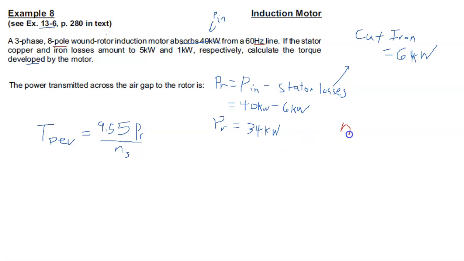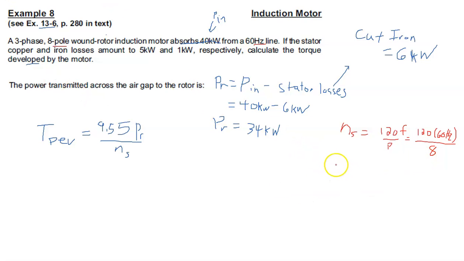NS is 120F divided by P, so we have 120 multiplied by 60 hertz. Remember, the P is poles per phase, and we just assume that number is 8, because it's an 8-pole motor.